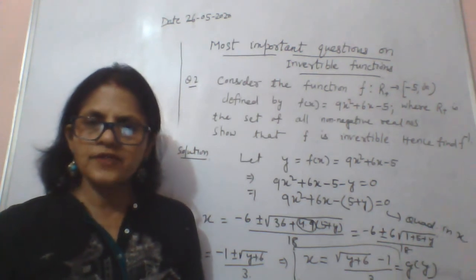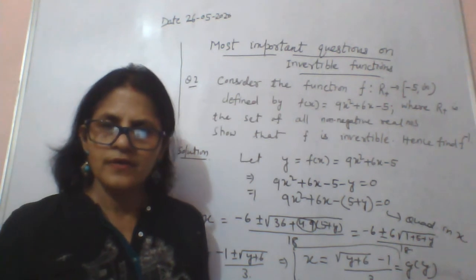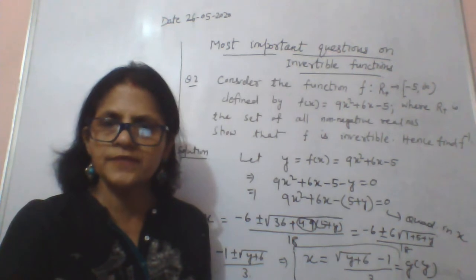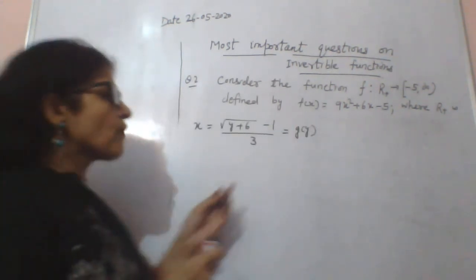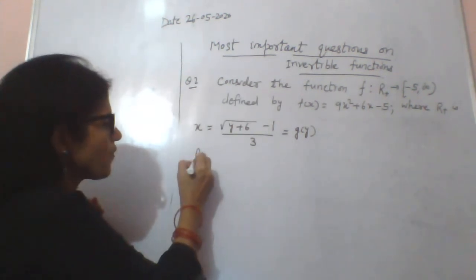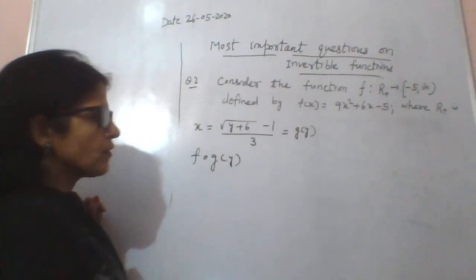So f is invertible and its inverse will be g(y). Okay, so this is the procedure. Let's complete it. So we have g(y), and as we just discussed, we have to find f(g(y)) and g(f(x)).